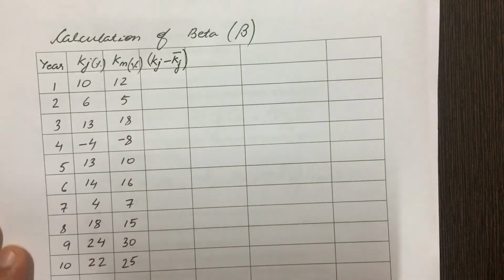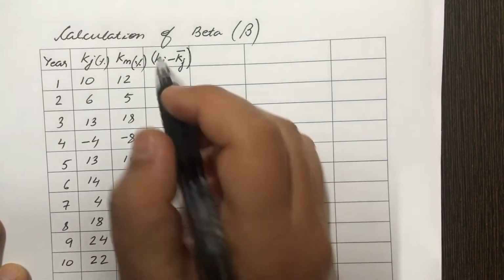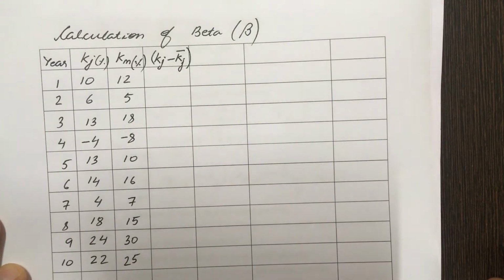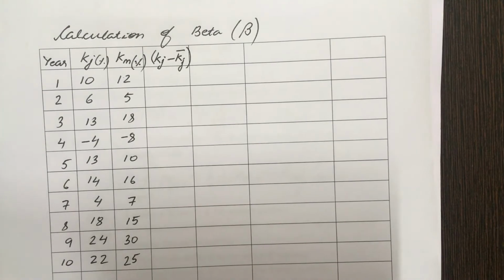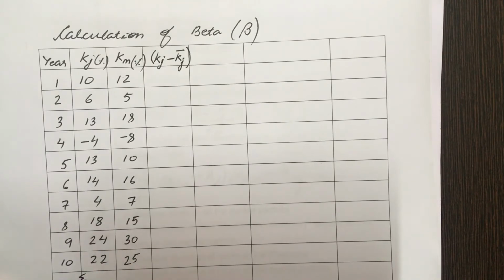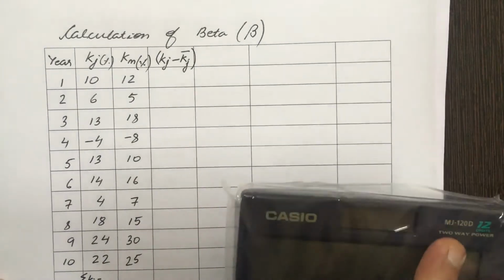Now what is K bar J? That is nothing but the expected return of security J. Alright, so what we need to find out is, we have to find out what is summation of KJ, and all you have to do is add.